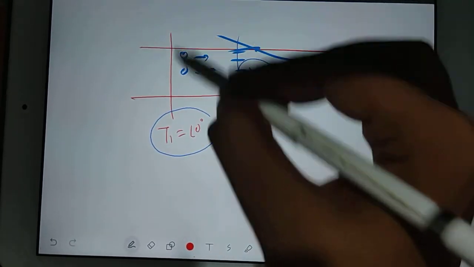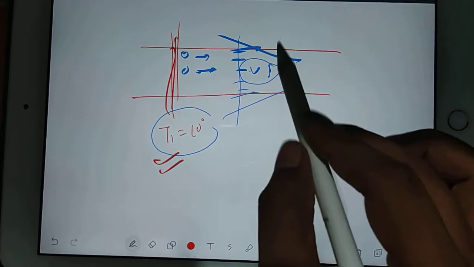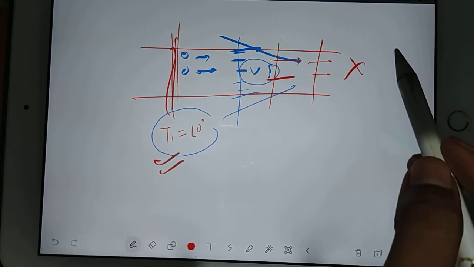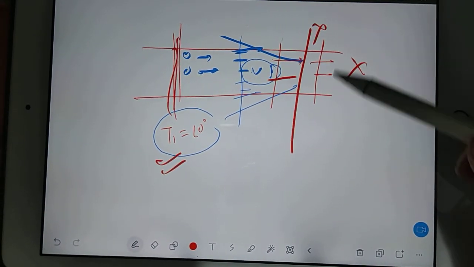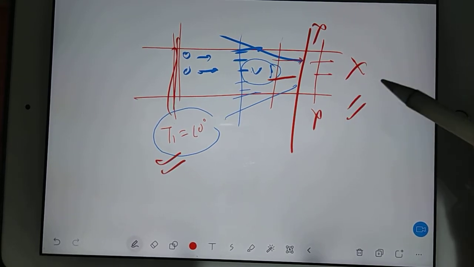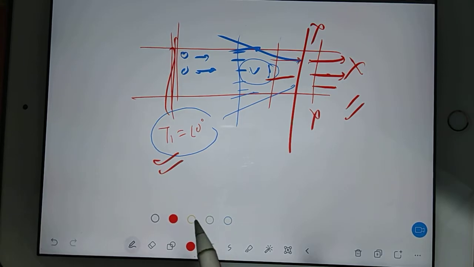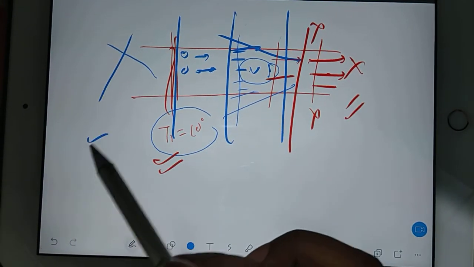So at this section temperature was 10, so here temperature should always be 10. Ahead in the flow what is happening, that is not our discussion. At any section the property should not change with time, then it is known as steady flow. Comparing two different sections is the wrong logic to understand steady flow.